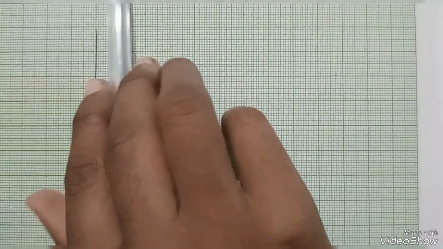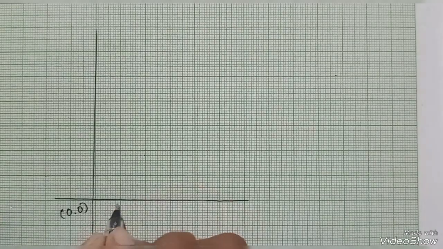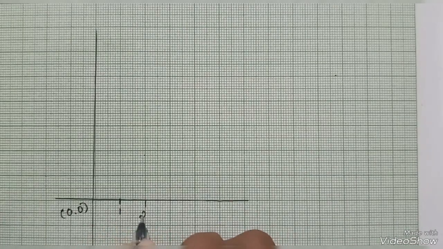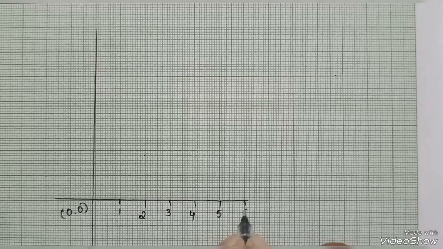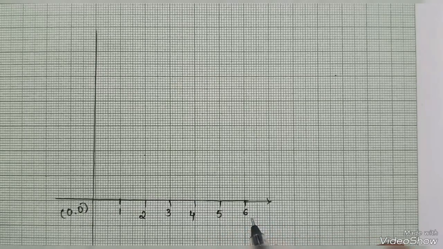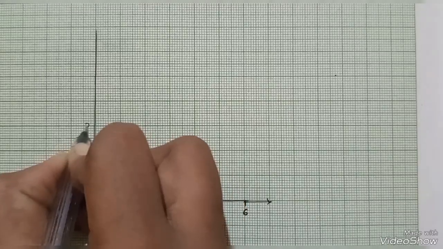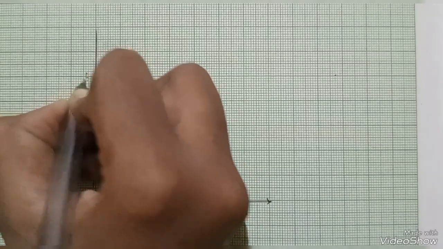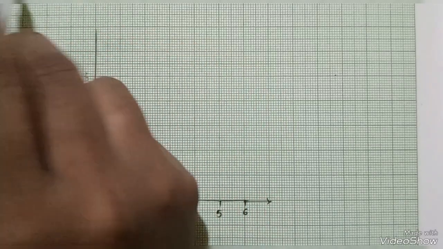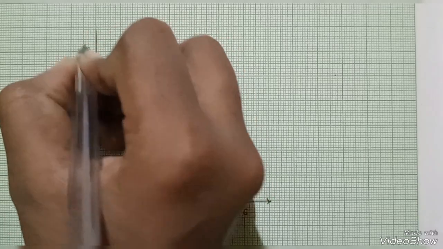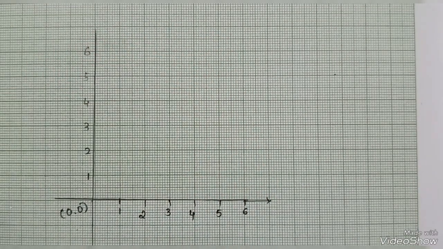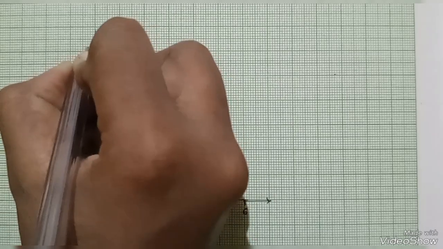Here x is maximum. How much? 6 units. 1, 2, 3, 4, 5, 6. This much is enough. And here 1, 2, 3, 4, 5. Okay, 6. Here 5 and 6. This much is enough.